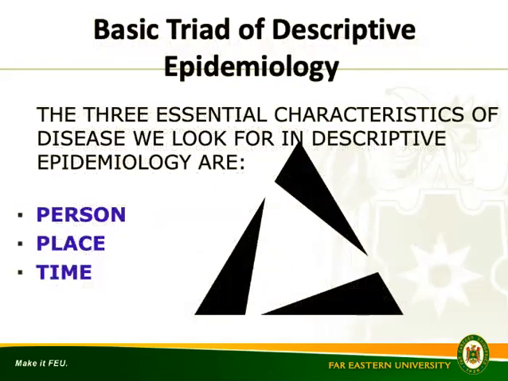And in terms of the epidemiologic triad, in descriptive epidemiology, this pertains to the three essential characteristics of disease, namely person, place, and time. So, disease occurrence and the distribution of disease occurrence in every geographical location is usually characterized according to person, place, and time.